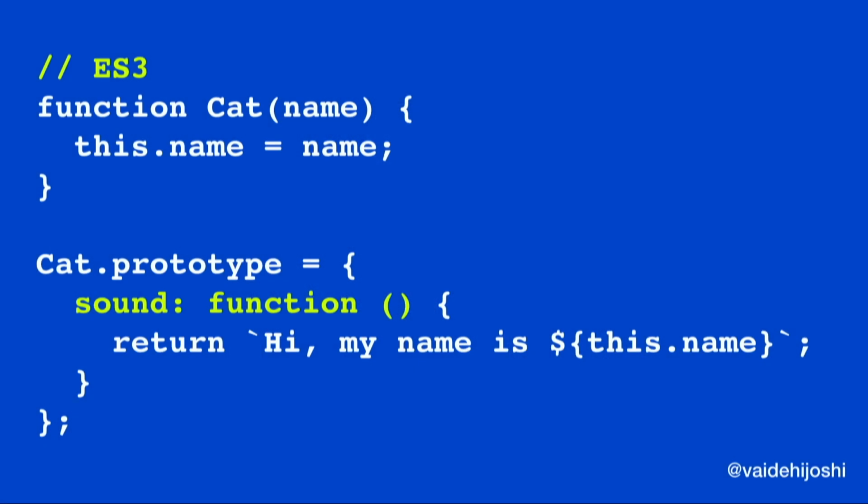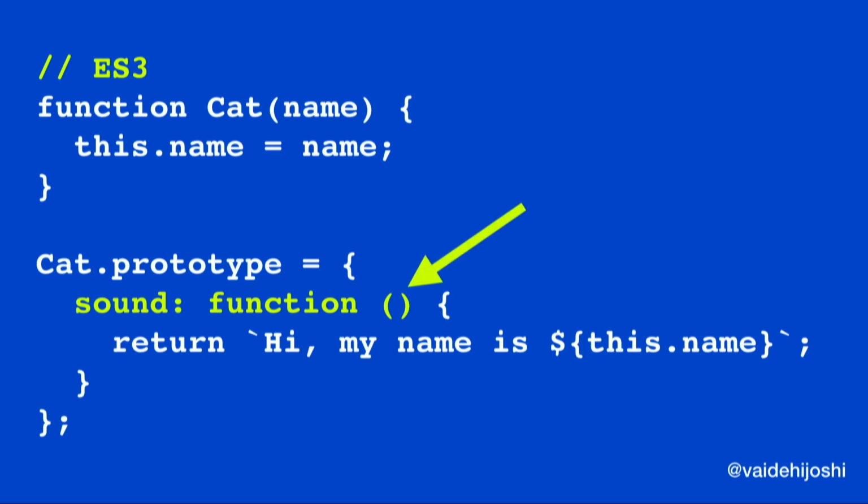Specifically, the way that we define properties on classes was kind of different than it is today, especially if you're using ES6 now. So if we wanted to define a class back in ES3 and then add a function as a property to that class, we might have done something like this.